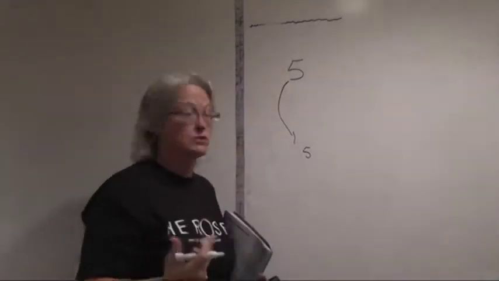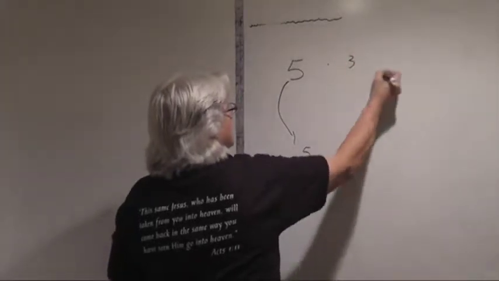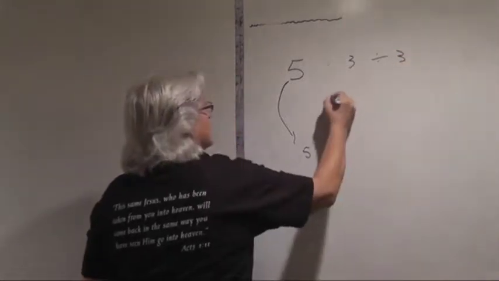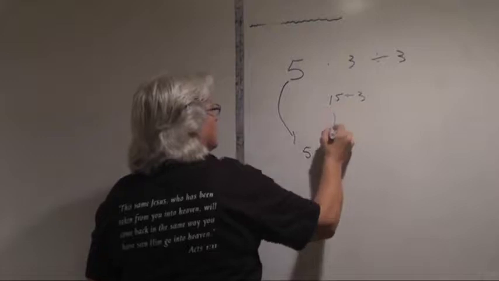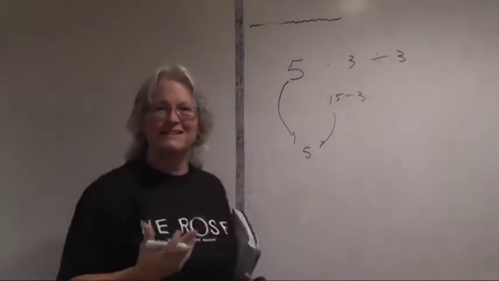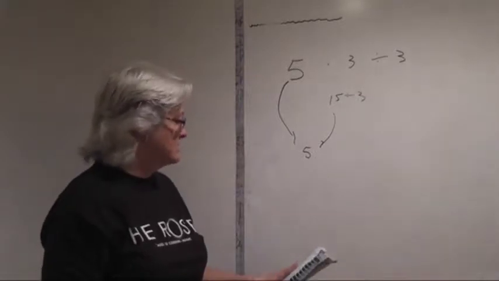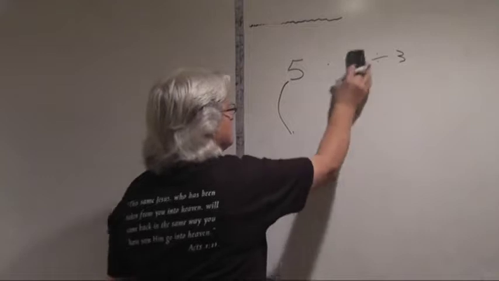The expression that you start with, now we're going to say times 3 divided by 3, 15 divided by 3, gets us back to that same value of 5 that we started with. So that's an example of how division undoes multiplication.